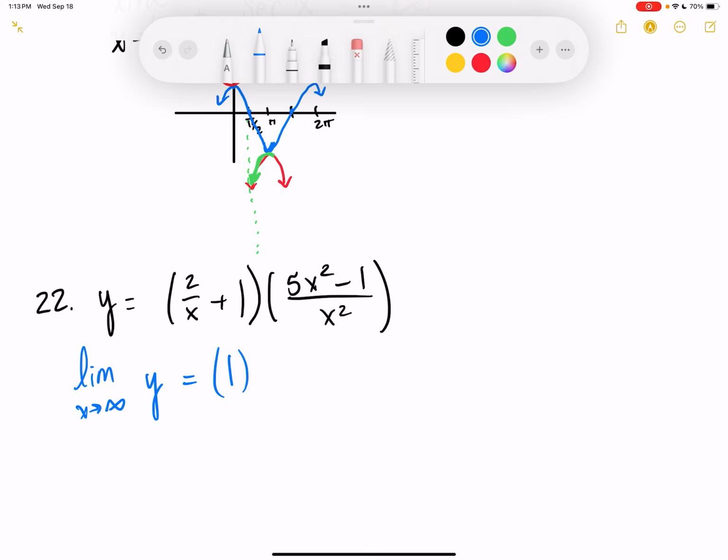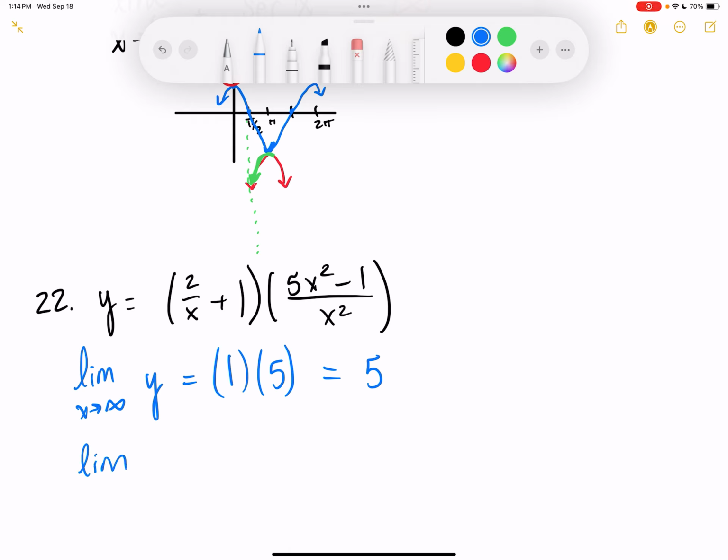I only care about the highest power term. So what does the minus 1 do? Nothing. At infinity, absolutely nothing. It just does a teeny little thing. Really, this one's irrelevant. I kind of just wrote it because it's like 0 plus 1, essentially. It's not going to really change anything.